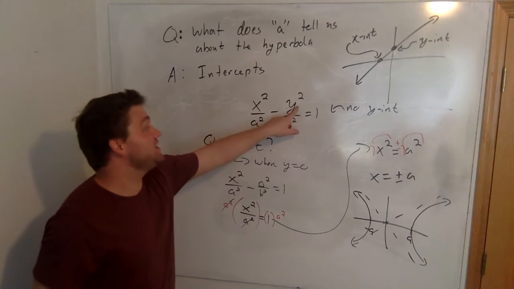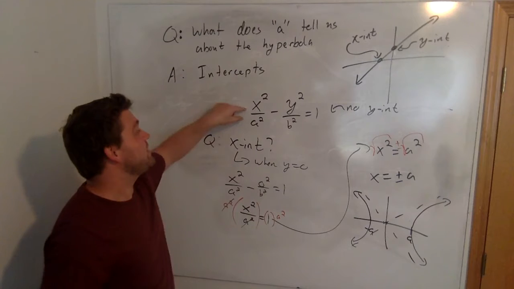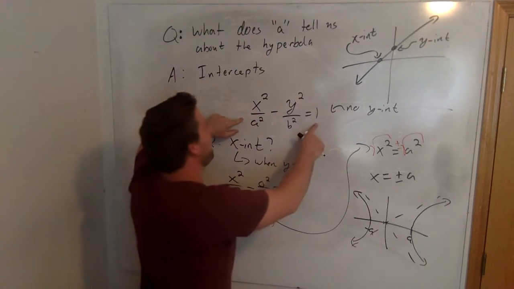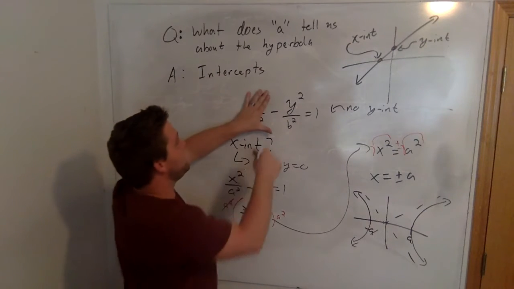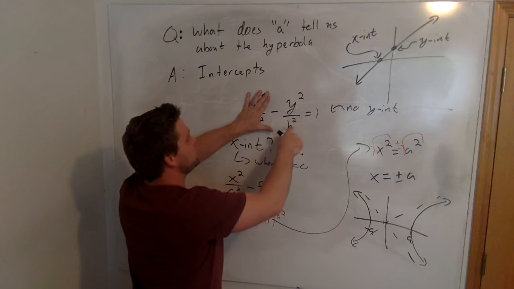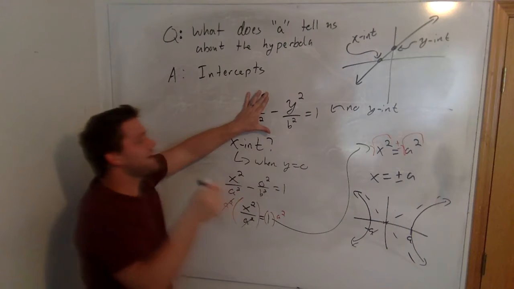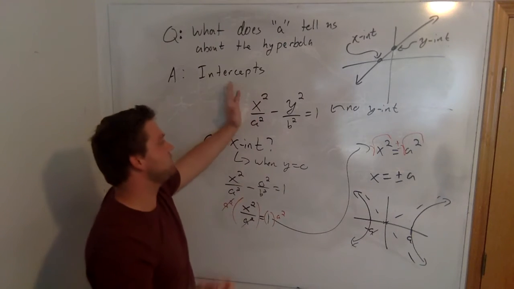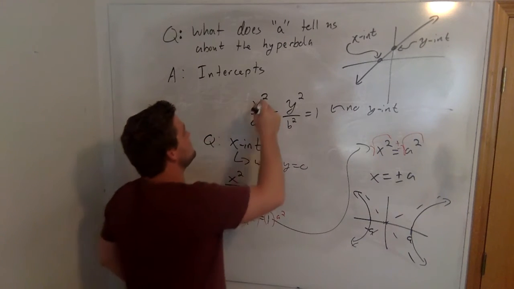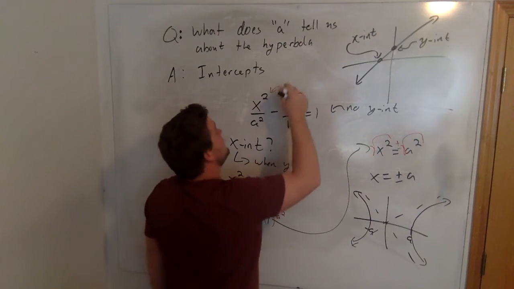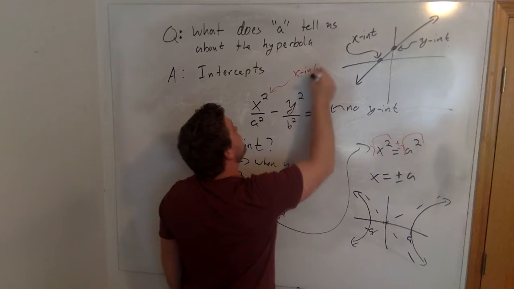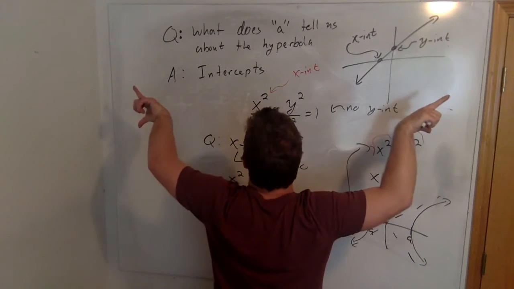If I plug in 0 for y, I'll have x squared over a squared equal to 1, and I could solve for x. If x was 0, I'd have a negative y squared over b squared. If I tried to solve for y squared, I'd get a negative equal to a positive, a contradiction. So the term out front that doesn't have a minus sign on it tells us this has x-intercepts, which means it must be opening this way.